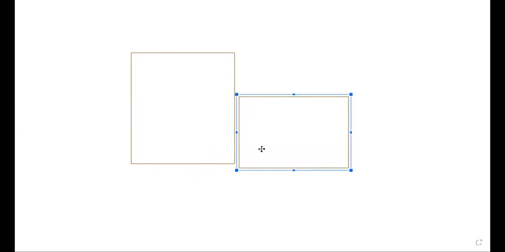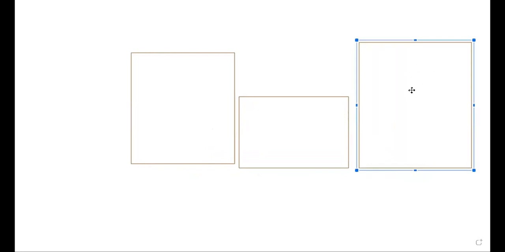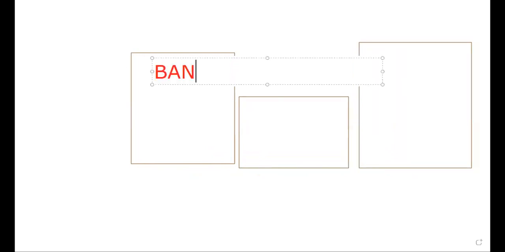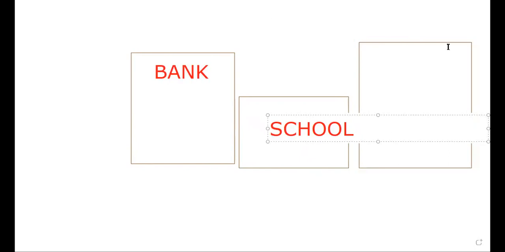But if I want to use between, I need to add this other place, maybe the supermarket. Okay, so you see the difference. This is the bank. This is a school, let's say. And this is a drugstore.